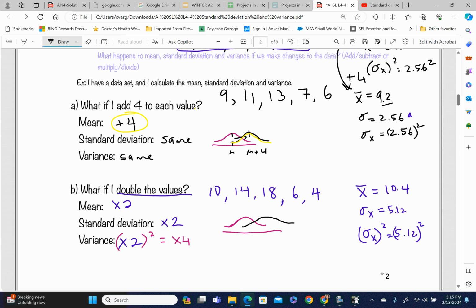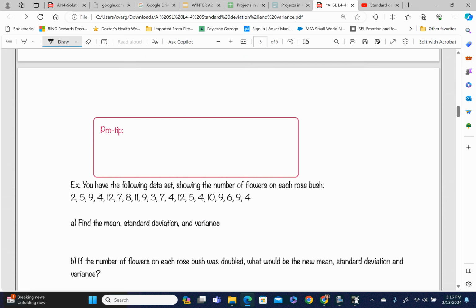So what's happening to our mean is it's also getting multiplied by 2, which makes sense. Our standard deviation, since it's getting more spread out, is also going to be multiplied by 2. And our variance, which is the standard deviation squared, is times 2 squared, which is the same thing as multiplying by 4. All right.